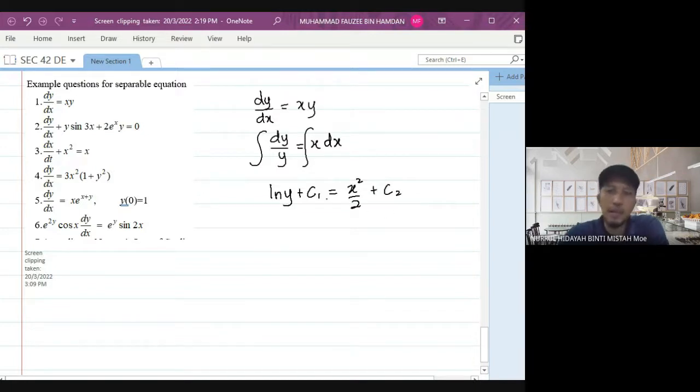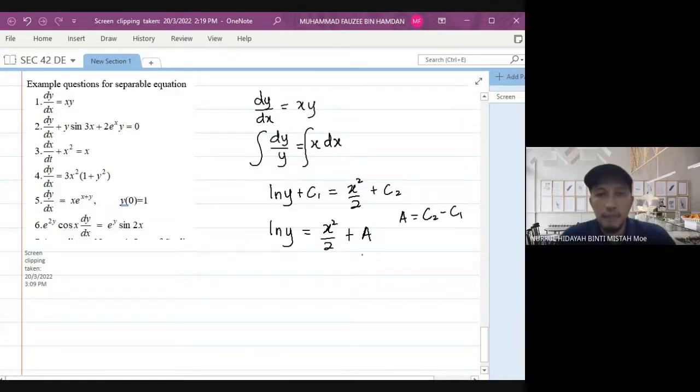Okay, now C1 and C2. C1 is a constant. C2 is also a constant. So we can combine C1 and C2 to become a new constant. So our final answer, let's say ln y equals x squared over 2 plus A, where A is actually C2 minus C1.